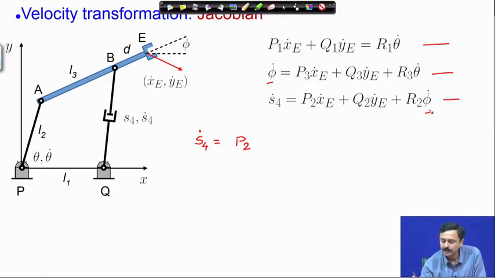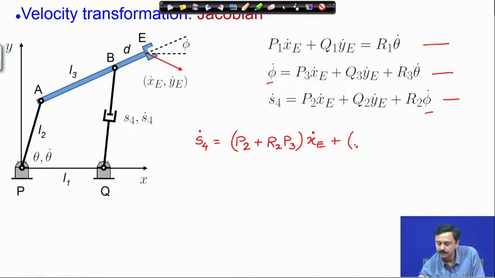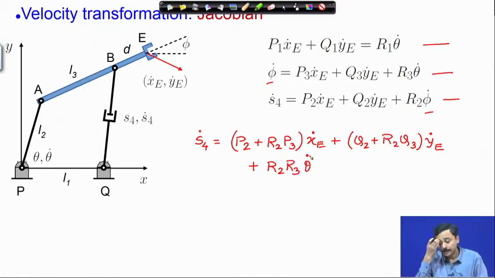When I substitute phi dot here, I will get this times x e dot plus this term times y e dot plus R 2 R 3 times theta dot.